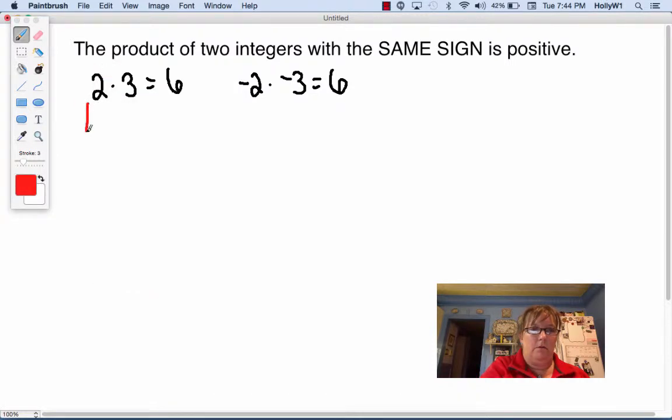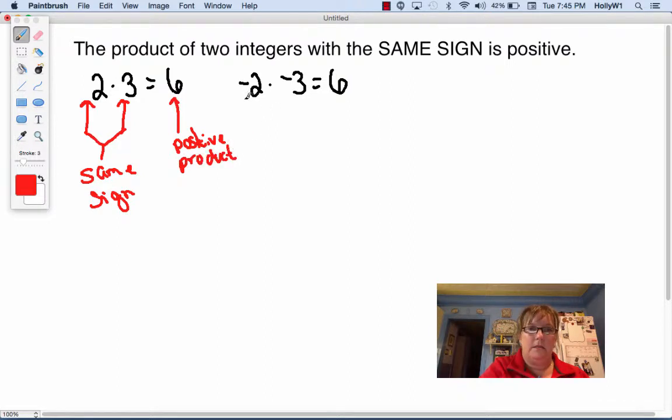If you notice here, this integer and this integer are both positive and they have the same sign. You end up with a positive product.